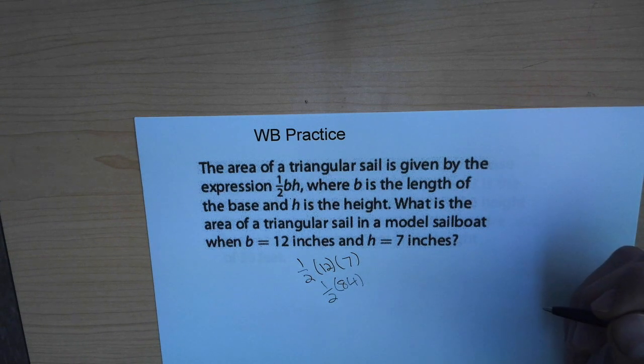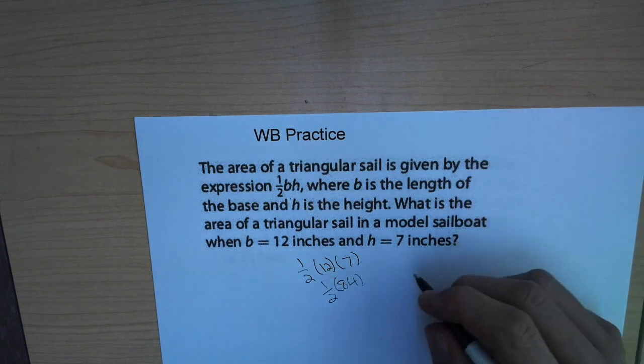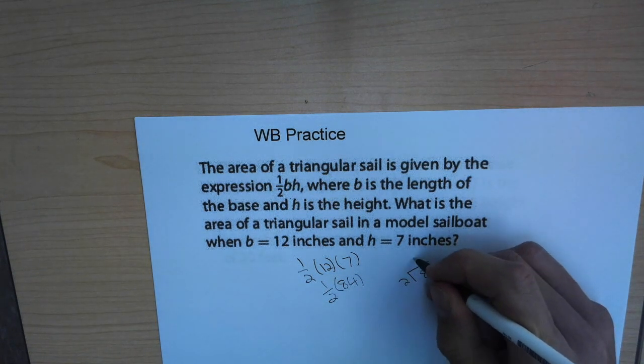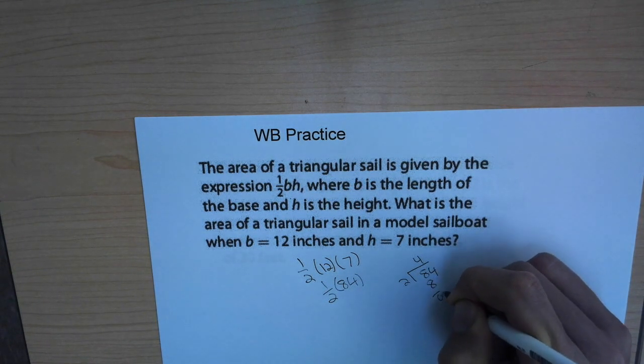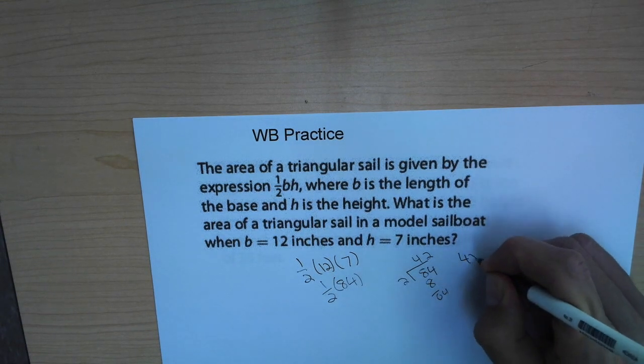I know that multiplying by a half is the same thing as dividing by 2. So I can do 84 divided by 2 to get 42. So what is the area of the triangular sail in the model boat when the b is 12 and the h is 7? 42.